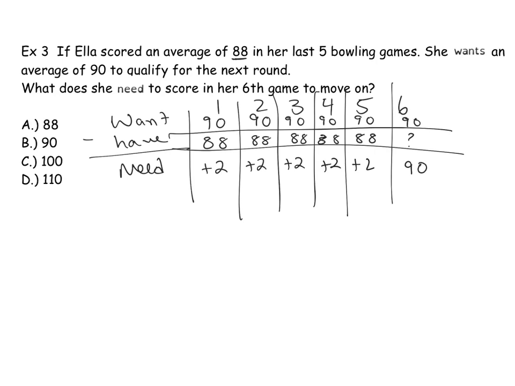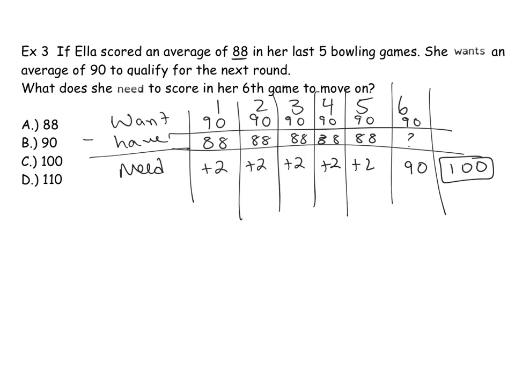And we have to get that base 90 for that 6th game. So in total, we need to get 92, 94, 96, 98. We need to get 100 points to make up for what we lost in the first 5 games.